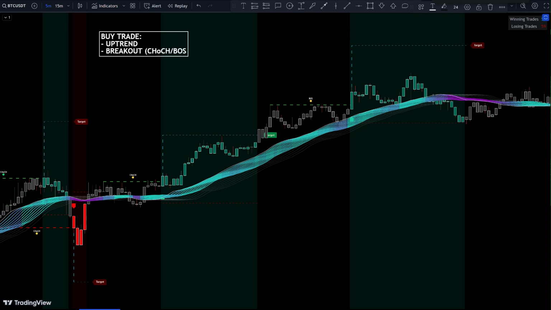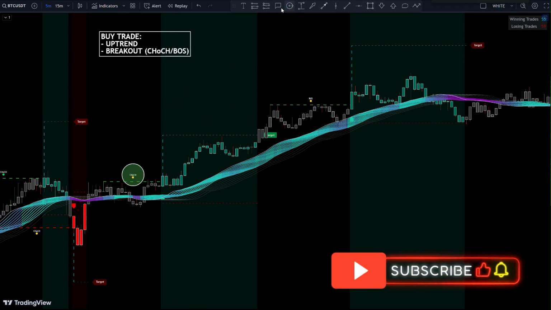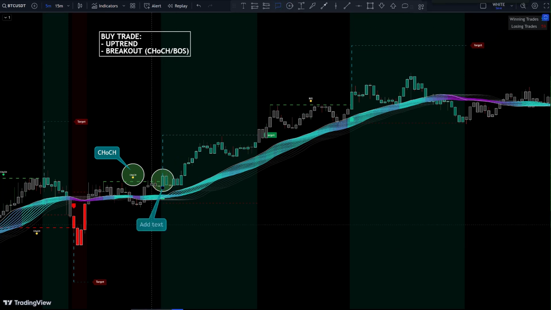Imagine these levels as strong support or resistance levels. So, when we see the price break above one of these levels, especially in an uptrend, it's a strong signal to enter a long position.